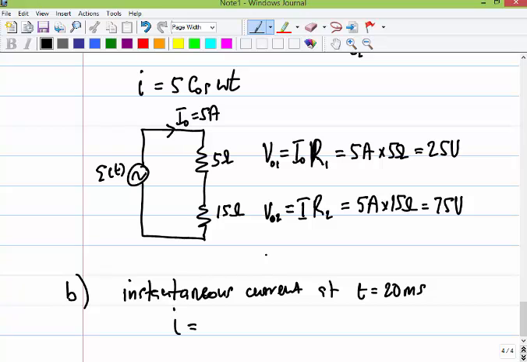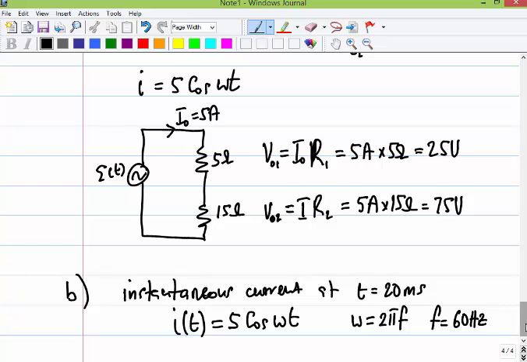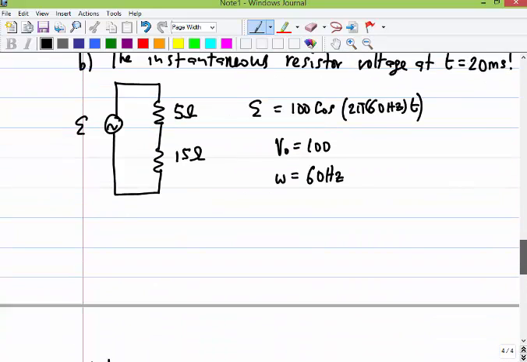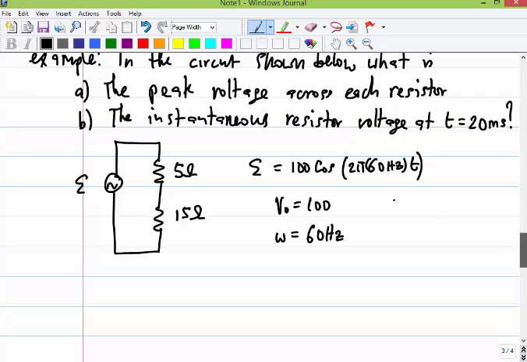The current I is a function of time, and it's equal to 5 cosine omega t. We already know what omega is: 2 pi f, and f is equal to 60 hertz. Remember, we wrote that all up here. Sorry, I said omega is 60 hertz. It's not omega, it's f. So f is 60 hertz.